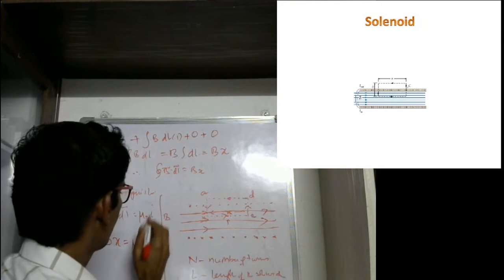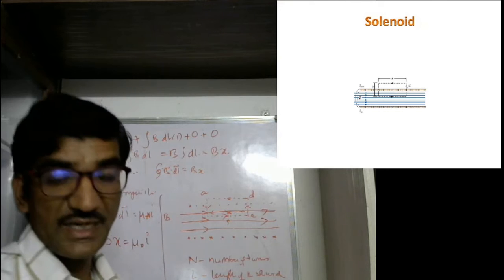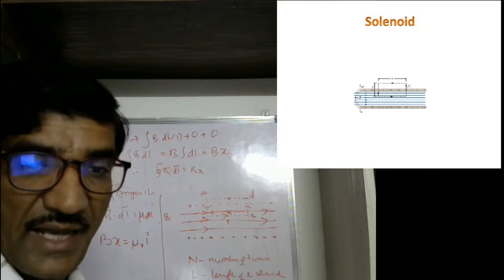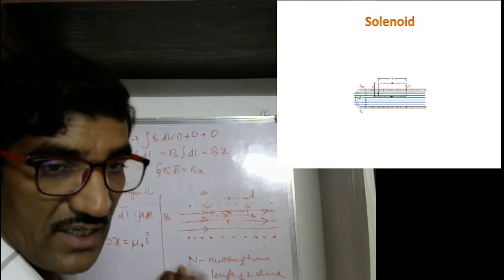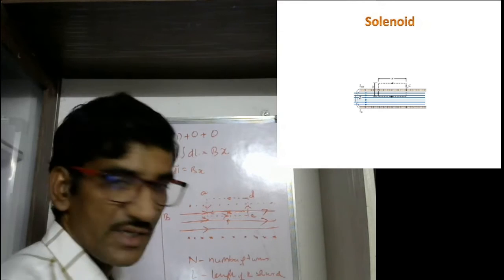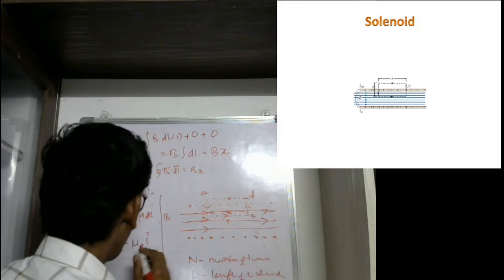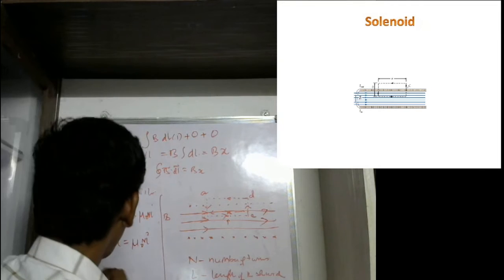For n turns, this is nI. We have to modify the RHS as well, because we are not having only a single turn. We are having so many turns, n turns. So Bx is equal to mu naught nI.